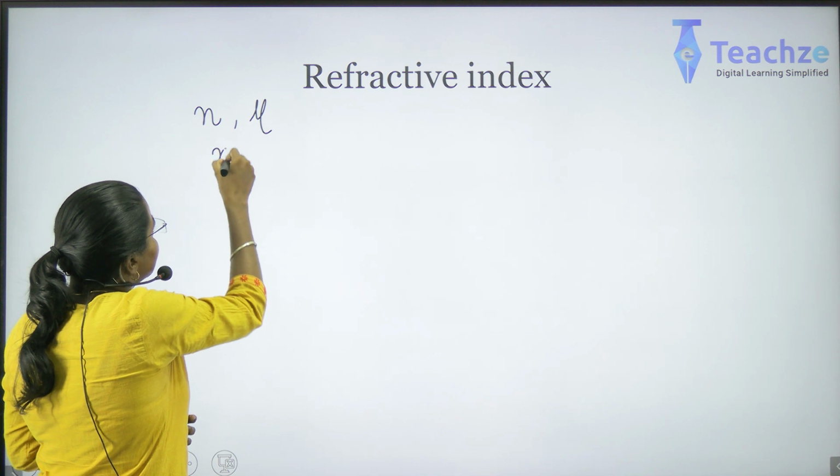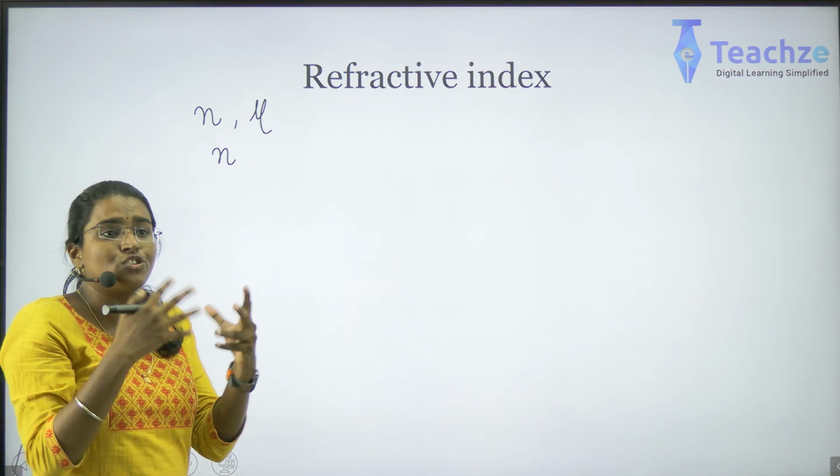Now, how do we calculate this refractive index? There should be some formula.